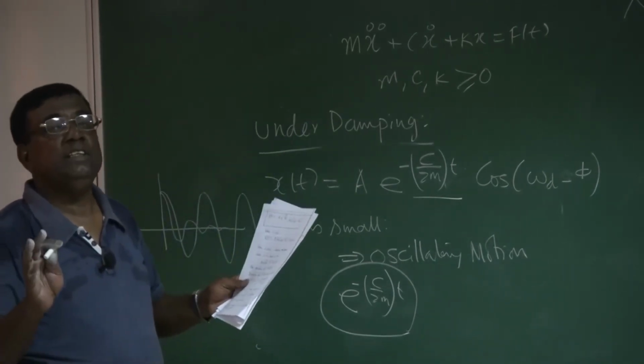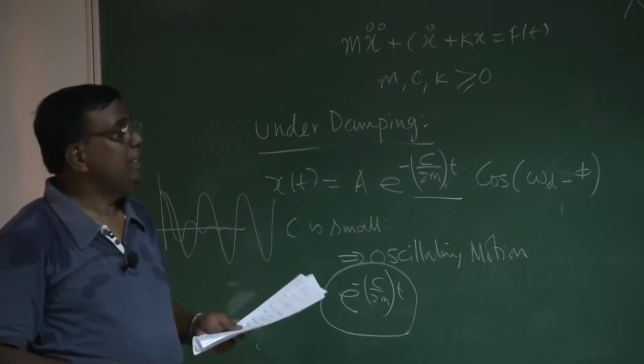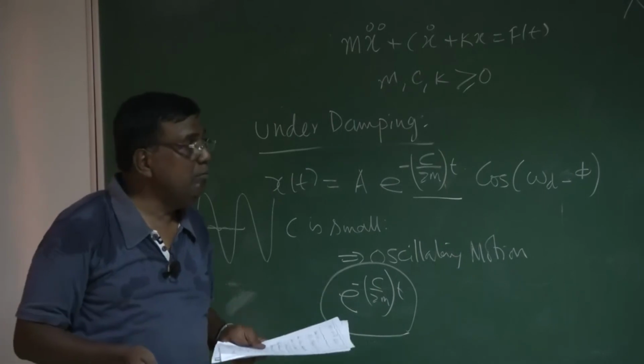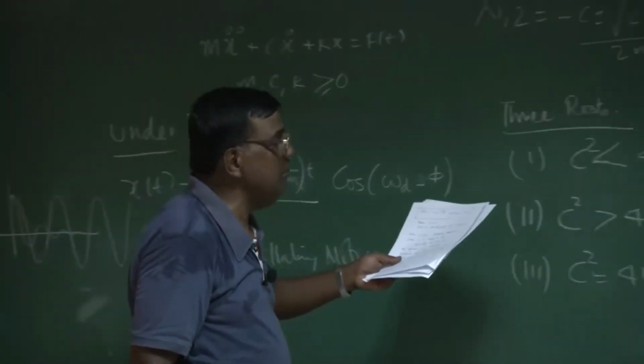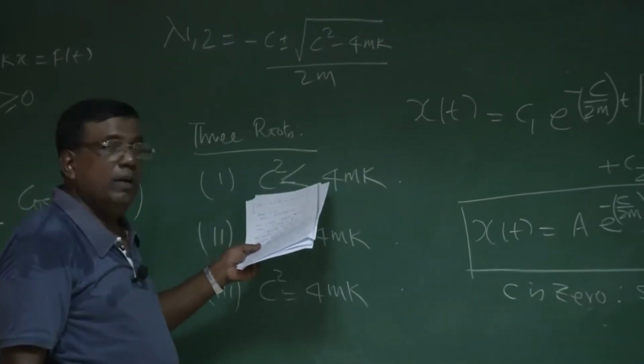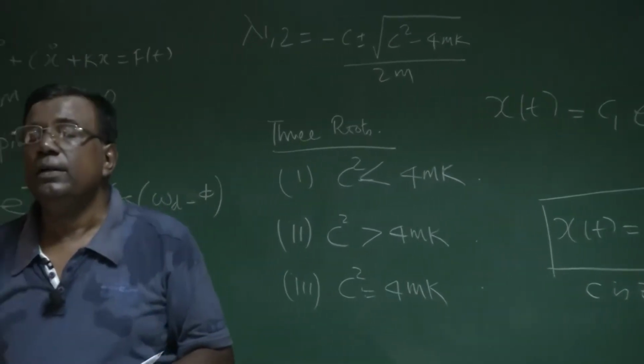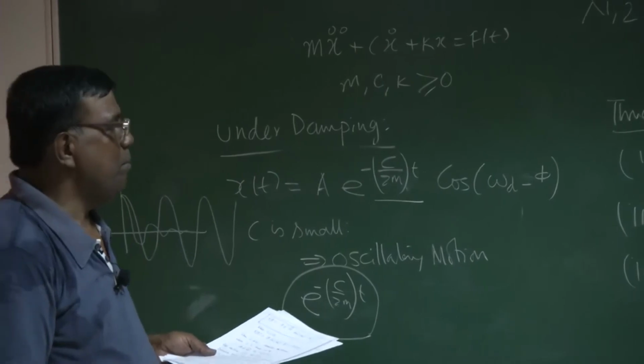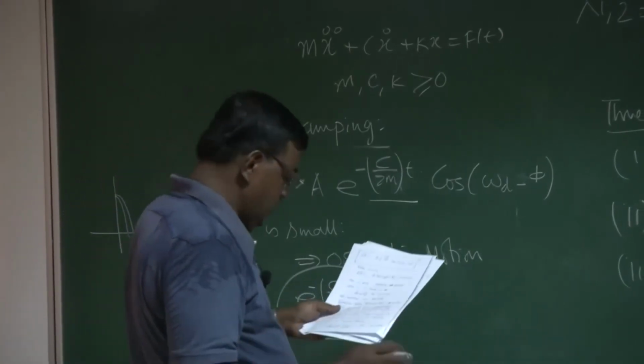That is typically the underdamping case. So what you understood? Underdamping case, that is c square less than 4mk, there will be oscillations, and it will be underdamped, and it will come back to the equilibrium, right? But there will be oscillations.